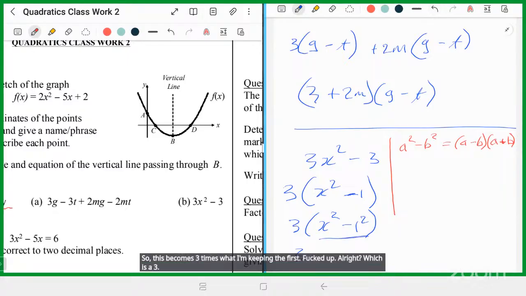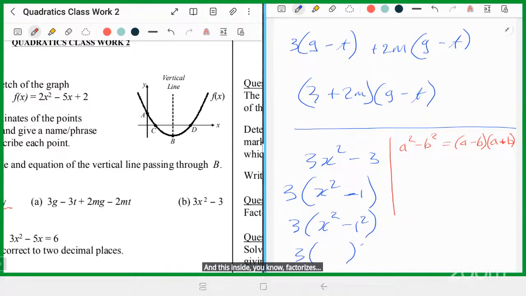And the inside factorizes into a minus b, which becomes x minus 1, and a plus b, which becomes x plus 1. No part of this can be factorized any further, and so that is it. We have completed those factorizations.